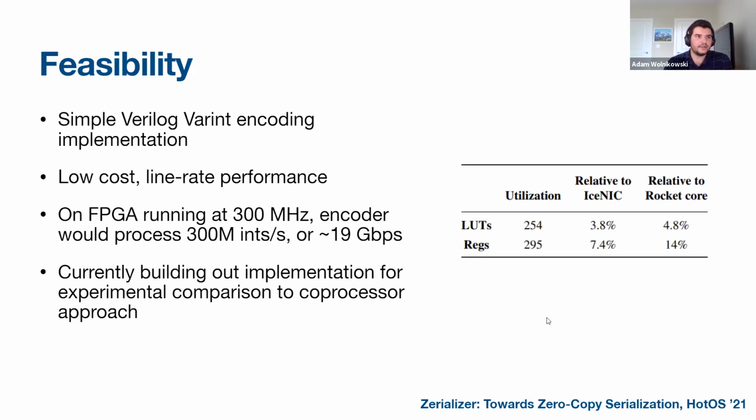We're implementing it attached to an IceNIC, and want to simulate this approach fully end-to-end, serializing mostly just integer messages. We want to expand it to more, and compare that versus the approach with an entire coprocessor implemented in a similar fashion. So that's where we're heading with this, and we'd love to get some more concrete evaluation from that experiment.